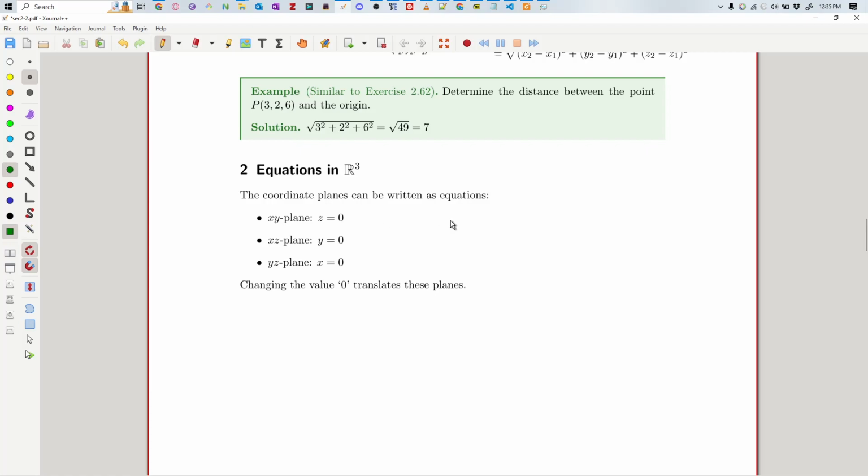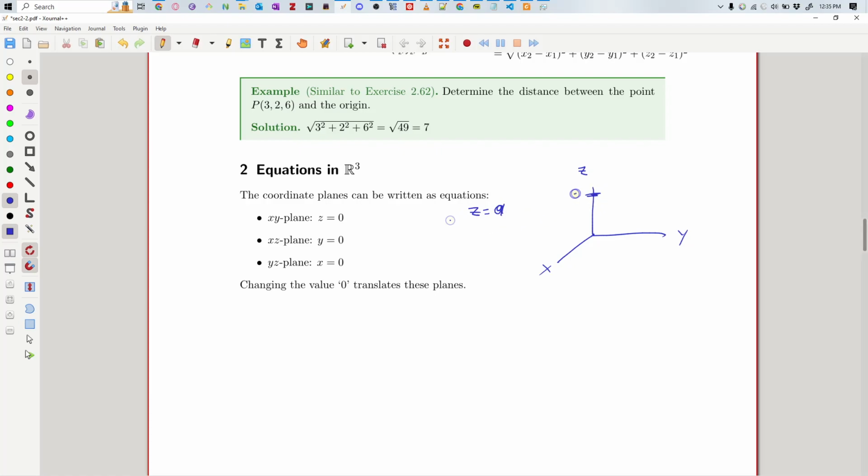So you can imagine that, I guess I should draw it. So x, y, and z. If we wanted to look at the, well, okay, let's be a bit abstract about this. So z is equal to a.